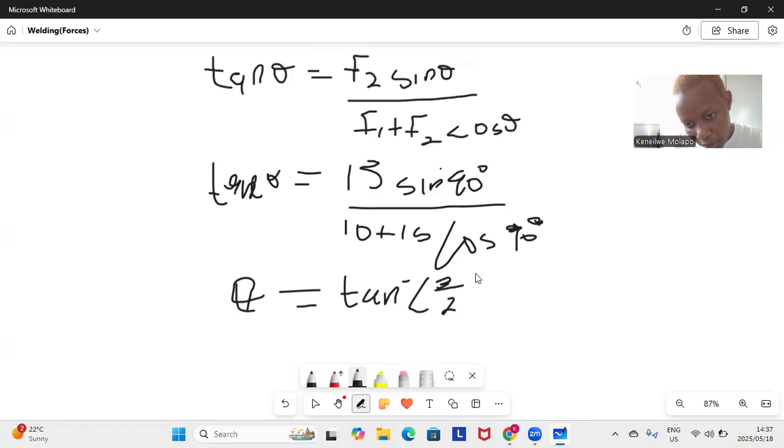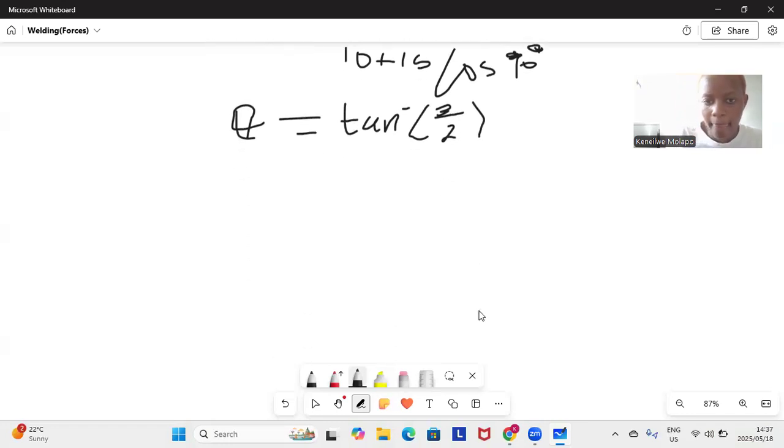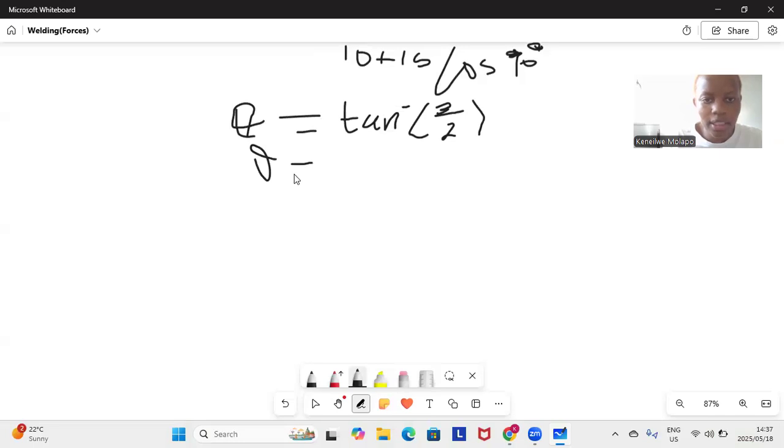So your theta equals tan arc 3 over 2, which will give me 56.31. I'm rounding off to 2 decimal places.